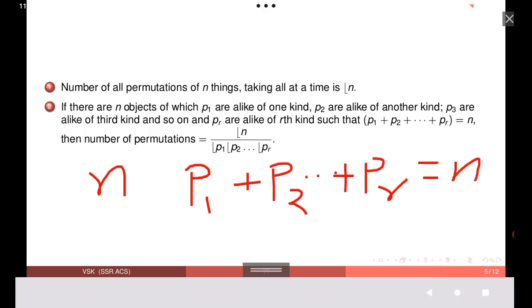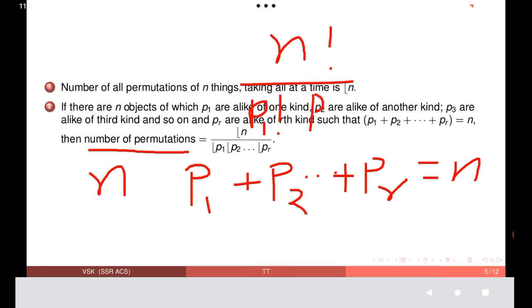Then in this case the number of permutations will be factorial n upon factorial p1, factorial p2, factorial pr. So this will be the formula in this case.